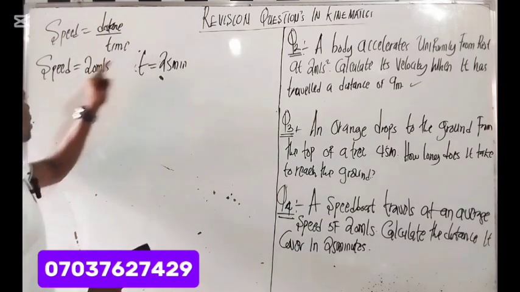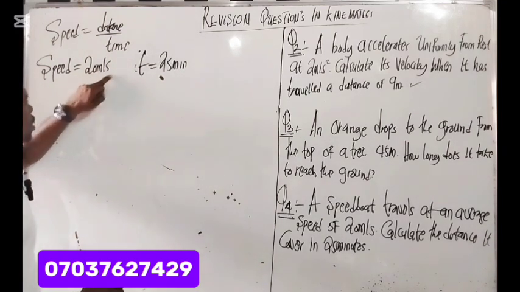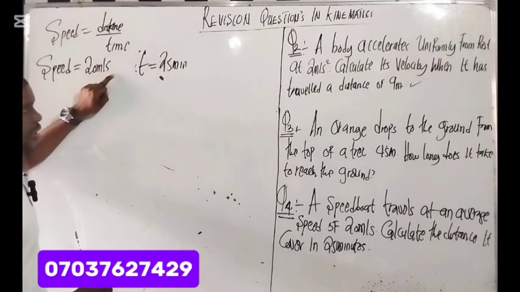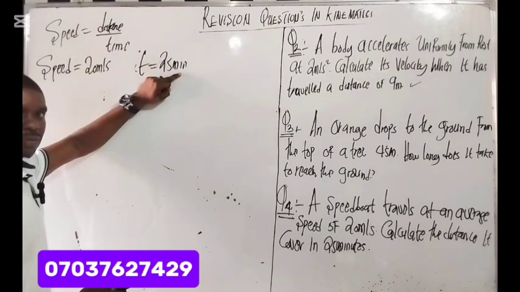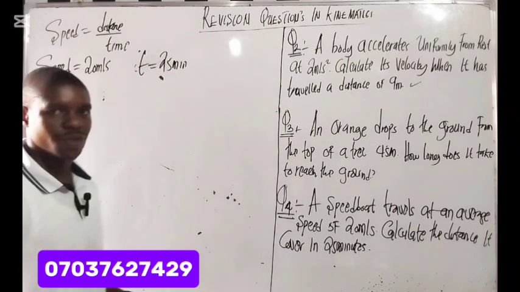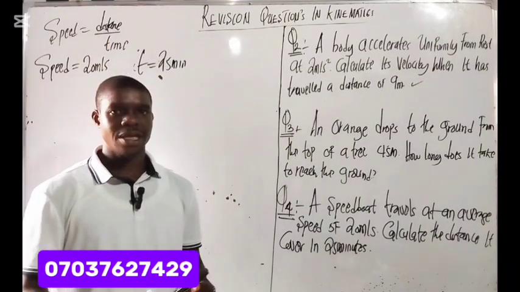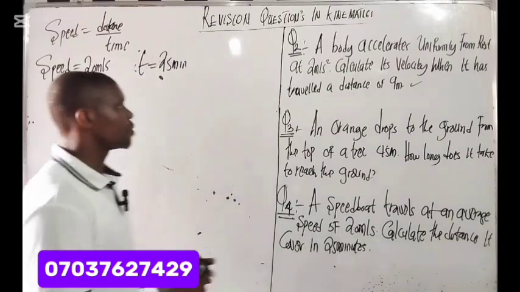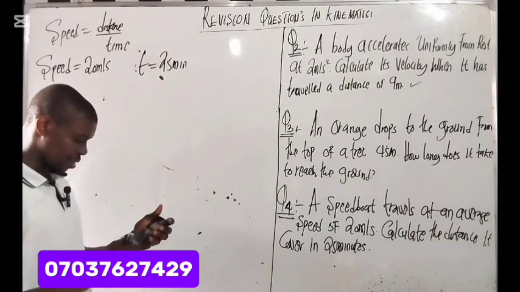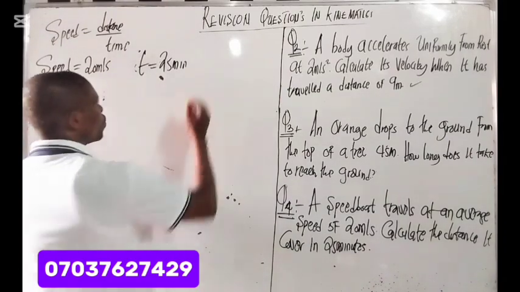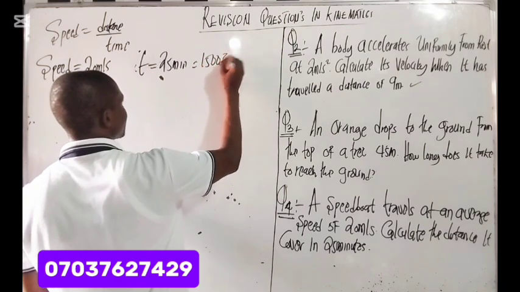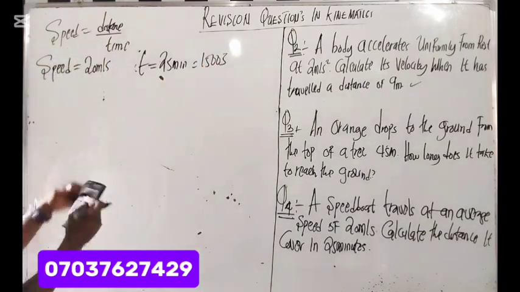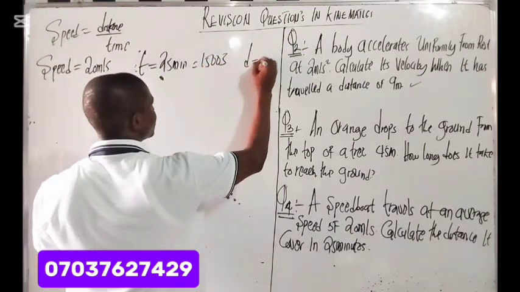Remember, here we have 20 meters per second, so time is already in seconds here. So I will convert this one to seconds. How do I convert minutes to seconds? By multiplying by 60. So it's going to be 25 times 60. Here we have 1500 seconds.